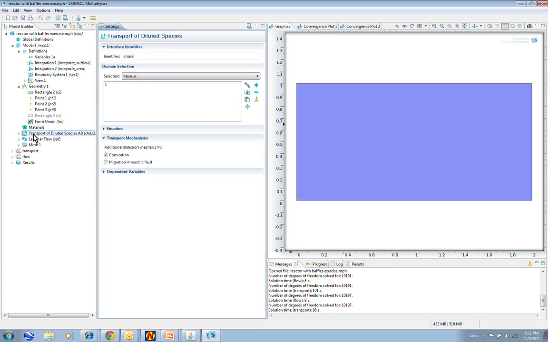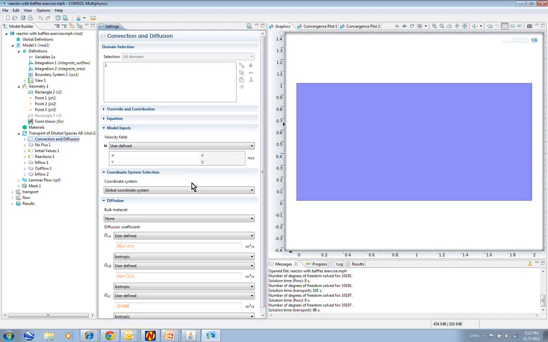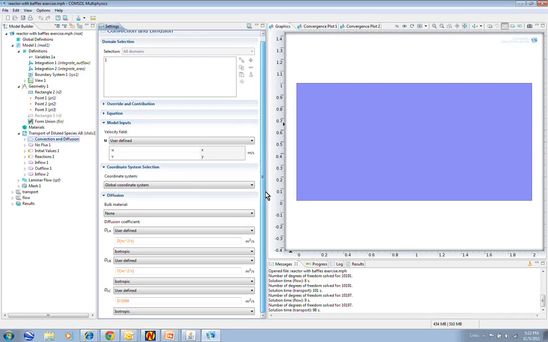Take a look at the setup of the transport analysis and its convection. The diffusion constants are shown here, and actually this should be D as well. Let's see.